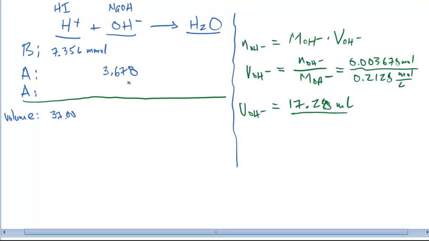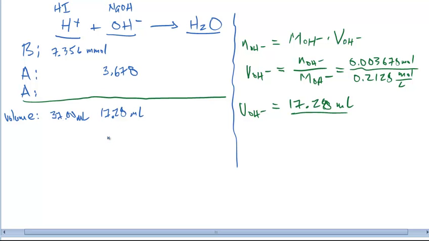And now we know that at half equivalence, when we dispense half as many moles of OH minus as we had of H plus, that's going to take 17.28 milliliters. Oh, sorry about my pen here. And that tells us something very important, which is the total volume of the solution at half equivalence.